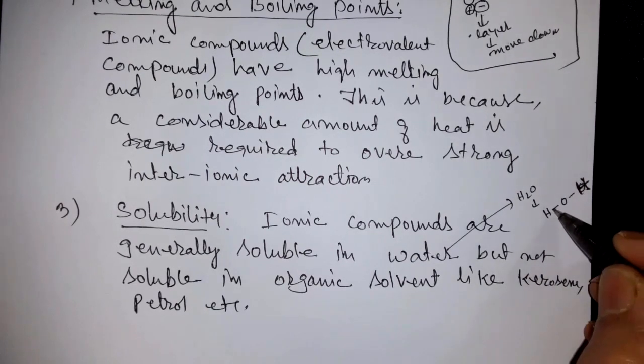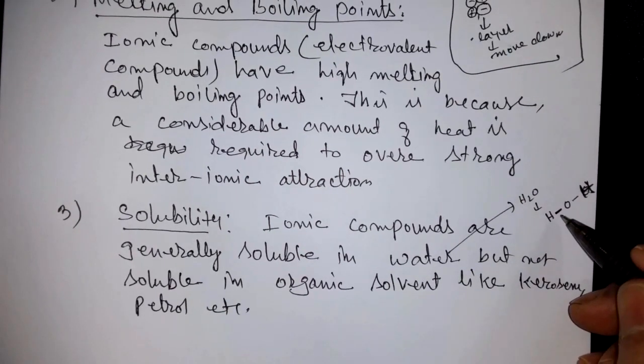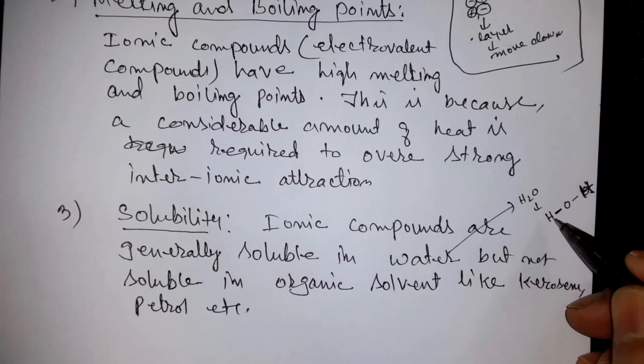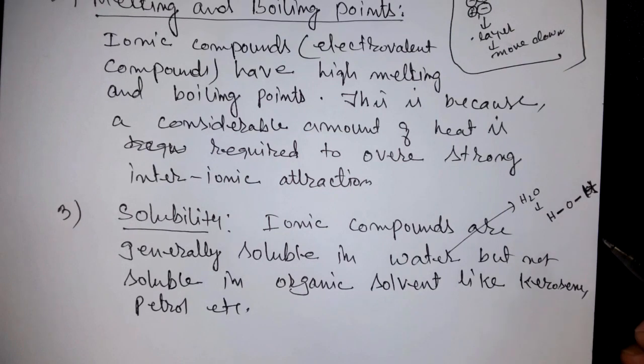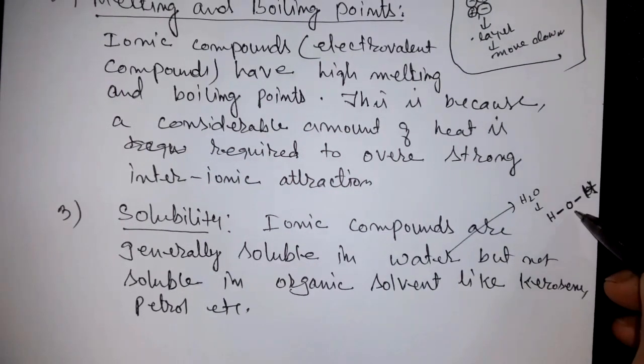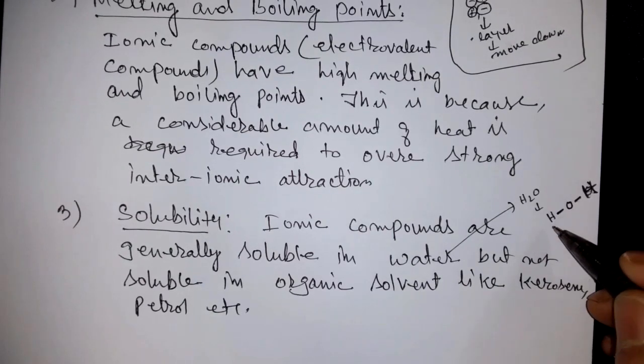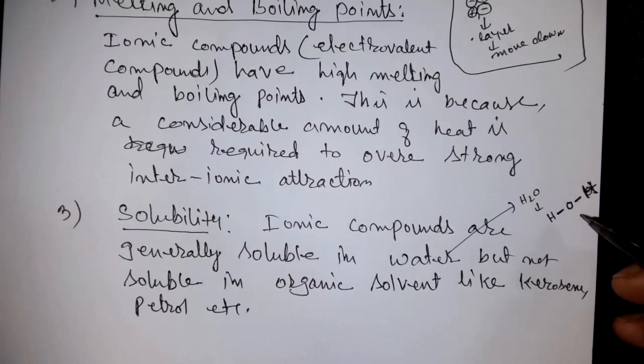Okay, this single covalent bond contains two shared electrons, one from hydrogen and one from oxygen. Similarly, this single covalent bond represents two shared electrons, one from oxygen and the other from hydrogen. Now, if you go to higher classes, you'll find that oxygen has a high value of electronegativity, and hydrogen has a low value of electronegativity.